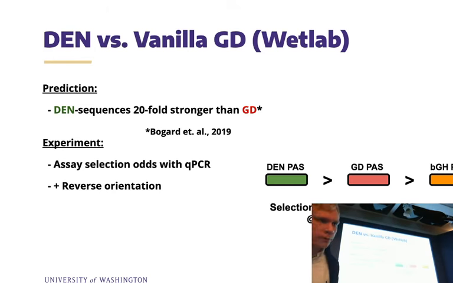And we had previously, in our earlier paper, experimentally tested these gradient descent generated poly-A signals, and they were much stronger than typical strong native poly-A signals like the BGH PAS. And so if we extrapolate, our newly generated poly-A signals are indeed extremely strong with a selection odds of 1481 to 1 compared to this BGH poly-A signal.